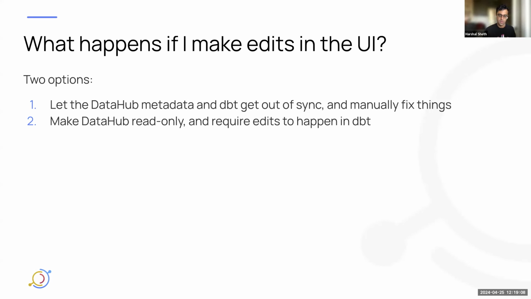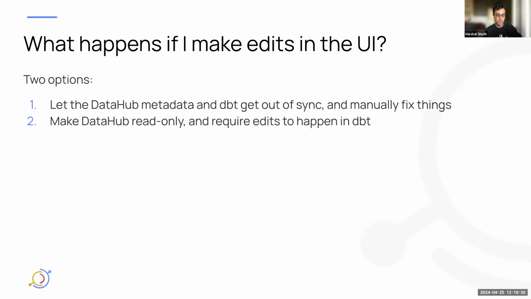Obviously, the issue is a lot of people aren't familiar with dbt or don't want to go in and make all these edits to YAML files just to add an owner to a given thing. It's a pretty heavyweight process and it's not super accessible, whereas pointing and clicking in a UI very much is.